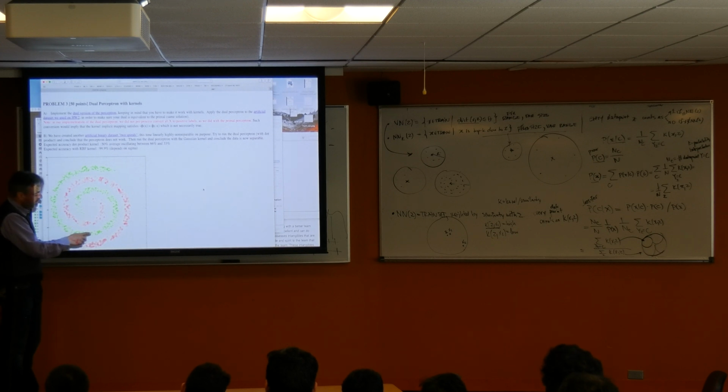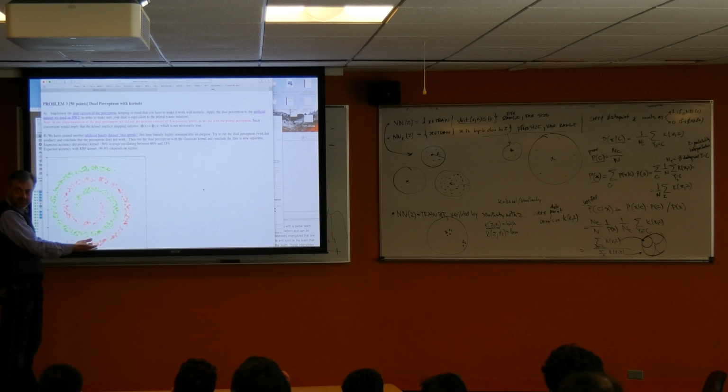By respecting this gap, I mean that if I set the width too big, say I pick a green point and my neighborhood includes a lot of points, I haven't achieved anything, because in that neighborhood I'm going to have greens and reds, and I can't tell whether the point is green or red. That neighborhood does not respect the natural gap between green and red.